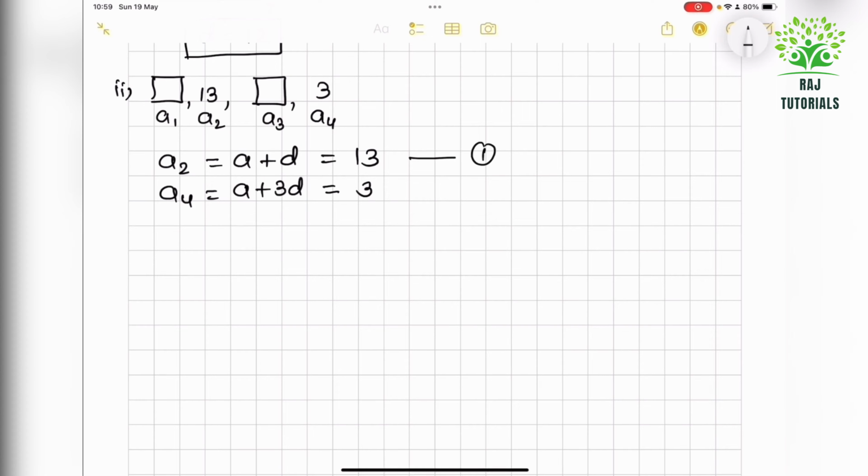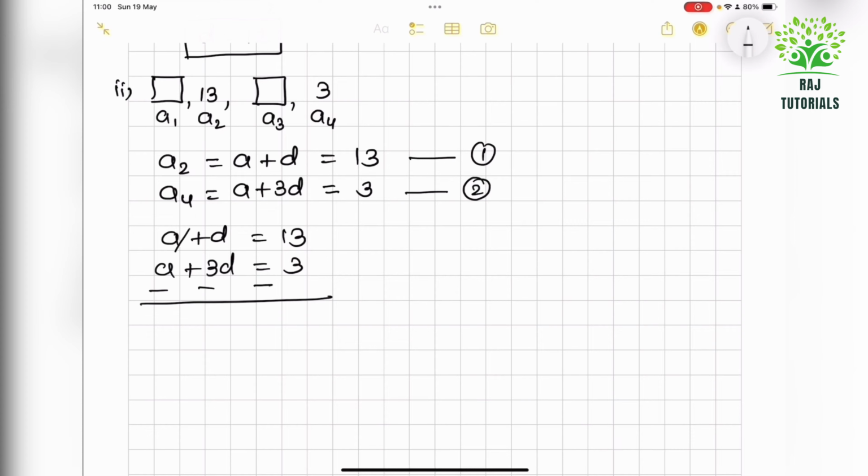So if I take these as equations 1 and 2 and use the elimination method to solve them, a plus d equal to 13 and a plus 3d equal to 3. Subtracting, a cancels. So minus 2d equal to 10. So d will be minus 10 by 2, so d will be minus 5.